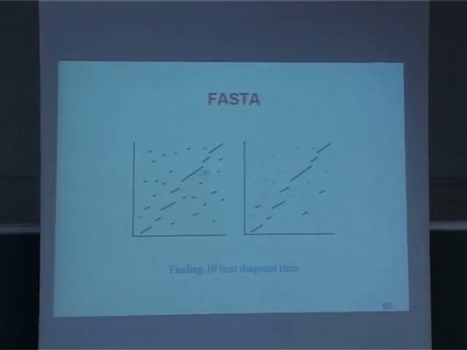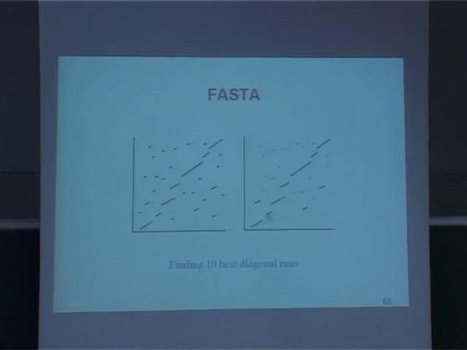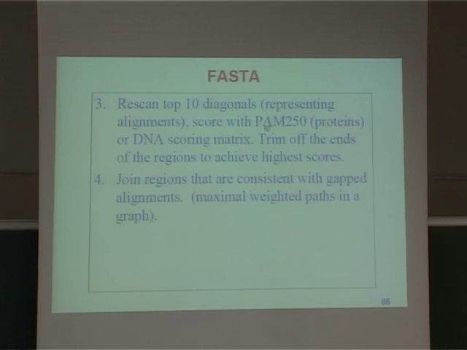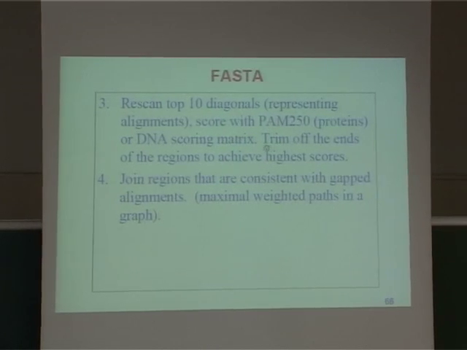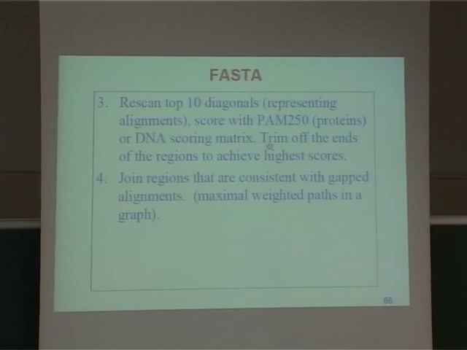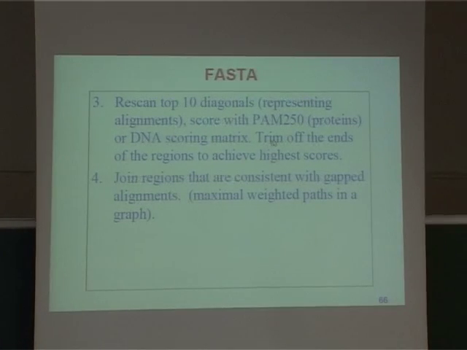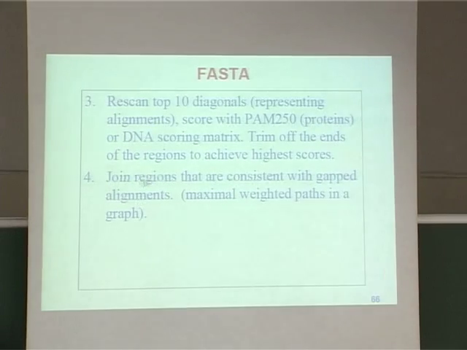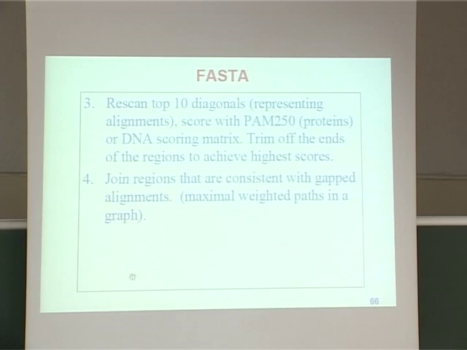So what we do is we find the top scoring diagonals, the 10 best diagonal runs which have the longest matching regions, and we rescan them and score them with a scoring matrix like BLOSUM or PAM. FASTA uses the PAM scoring matrix, and we cut off the end points which have mismatches to achieve the highest scores, and we also join regions that are consistent with gapped alignments.